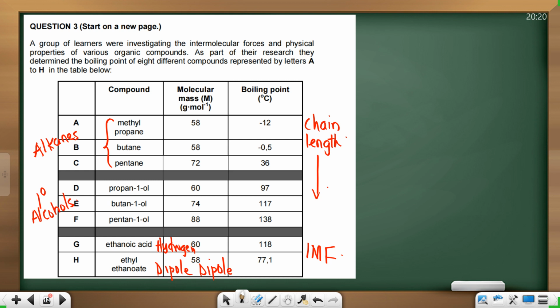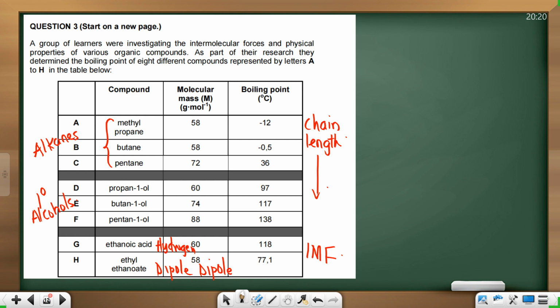So, ethanoic acid has, go ahead. I was going to say ethanoic acid has two sides of hydrogen bond, and propanol has one side of hydrogen bond. All right. Okay, hold on, Nonku.